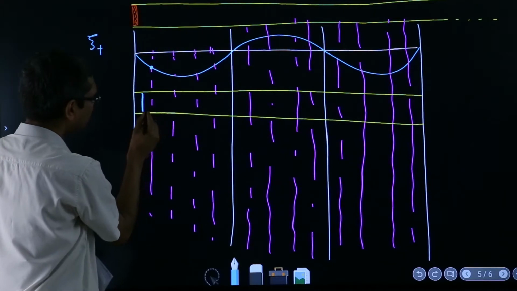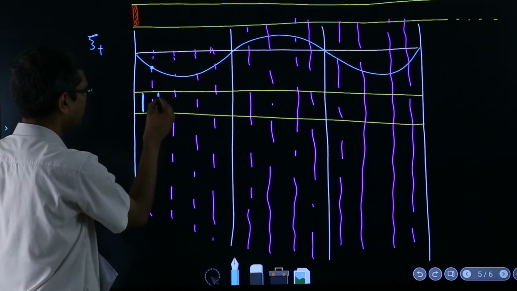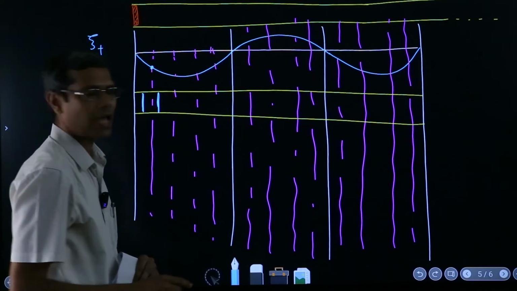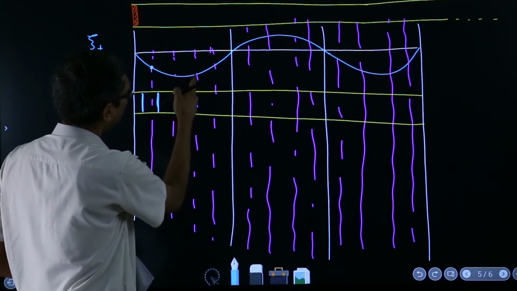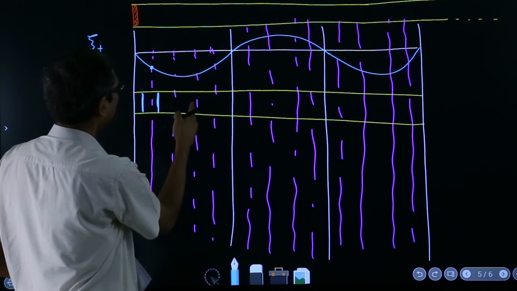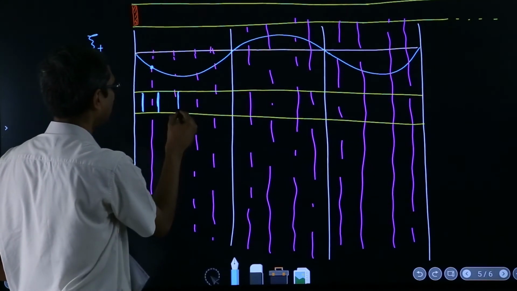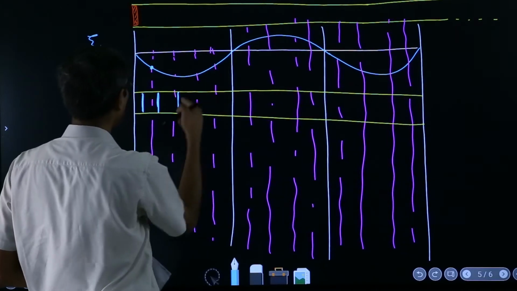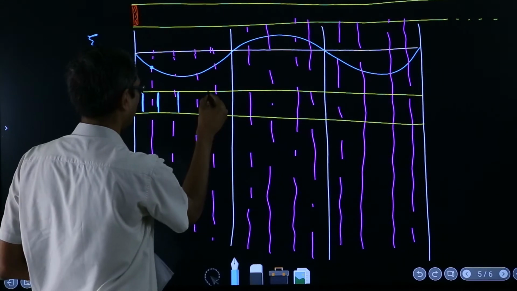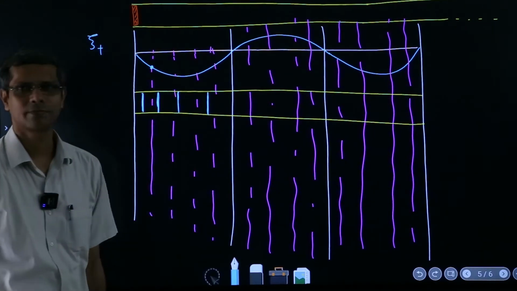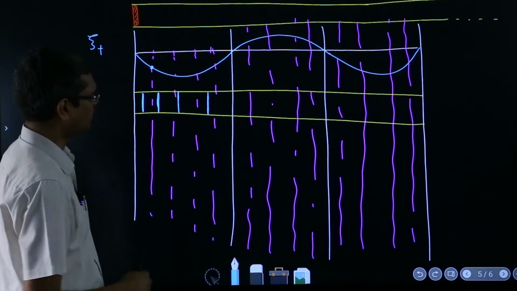Now that means this distance should be less than what it is here, so maybe here, and this one would move this much distance from here, so something like that, and this plane would move this distance from here. Could you see that? So that's what I was talking about.